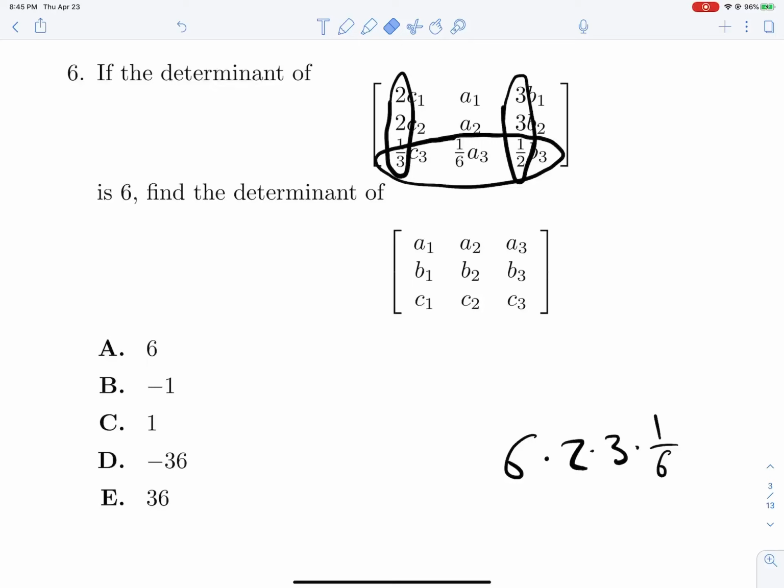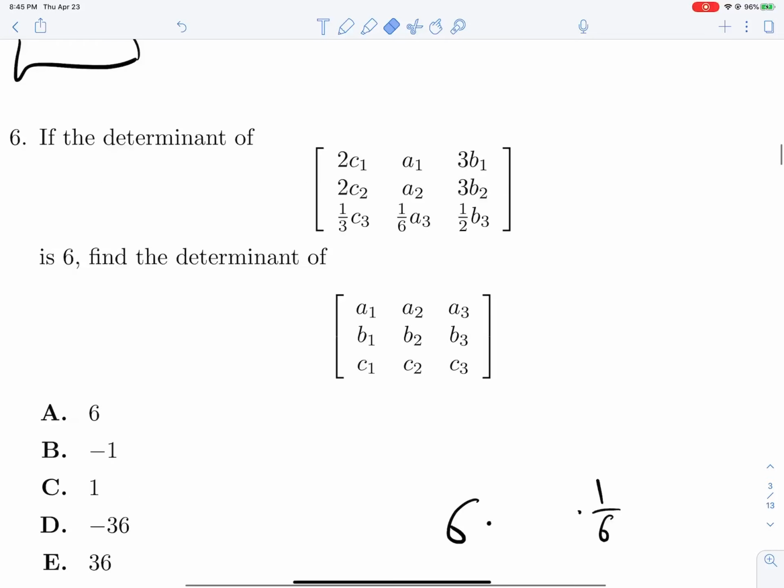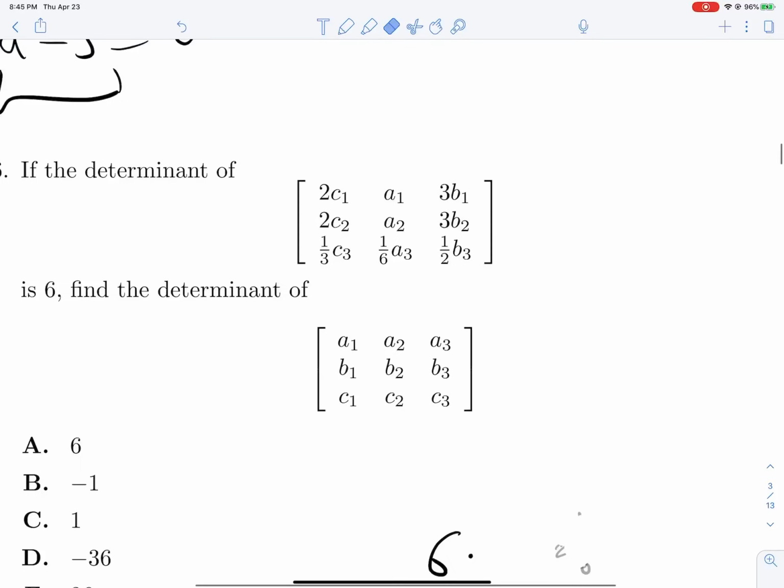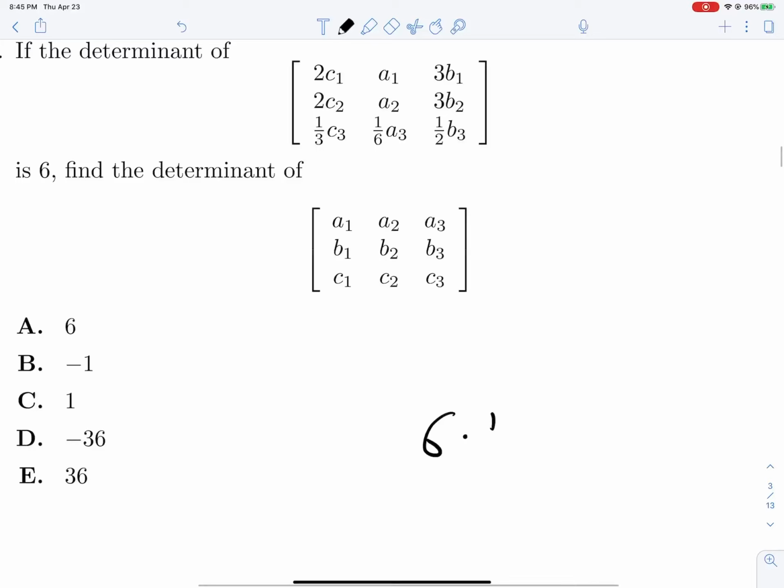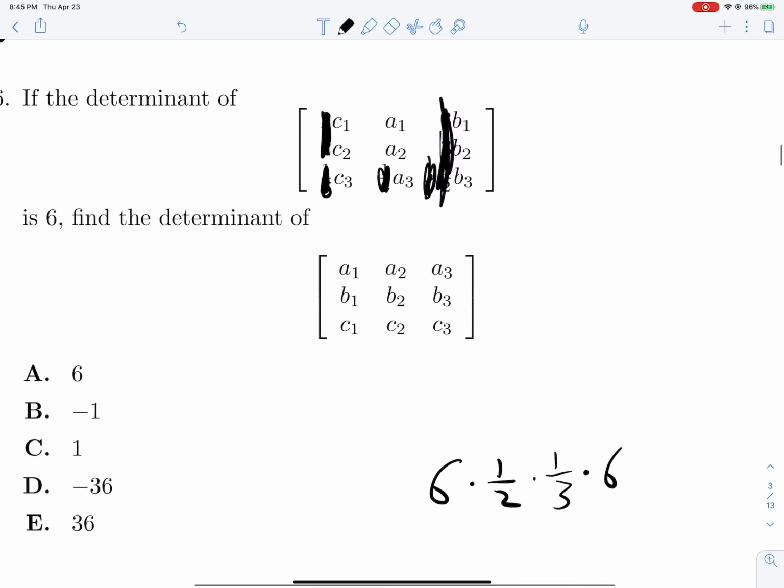So if we undo all of those changes, we'll have to do the opposite of what I just described. We'll need to divide by 2, which gets rid of this, and we have a 1/6 here. We need to divide by 3, and then we need to multiply this row by 6 to get rid of those 1/6. There we go. But you'll notice that that was kind of useless because all of this is just 1, so we can get rid of that.